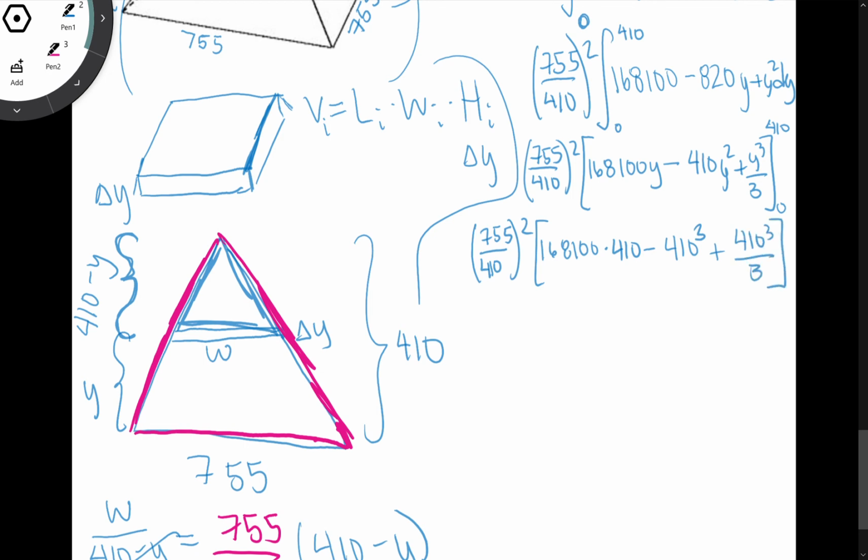Okay, this was one of my not-plan-ahead-on-the-calculator moments, so let me see if I can check it without being too slow. 168,100 times 410 minus 410 to the third plus 410 to the third divided by 3.